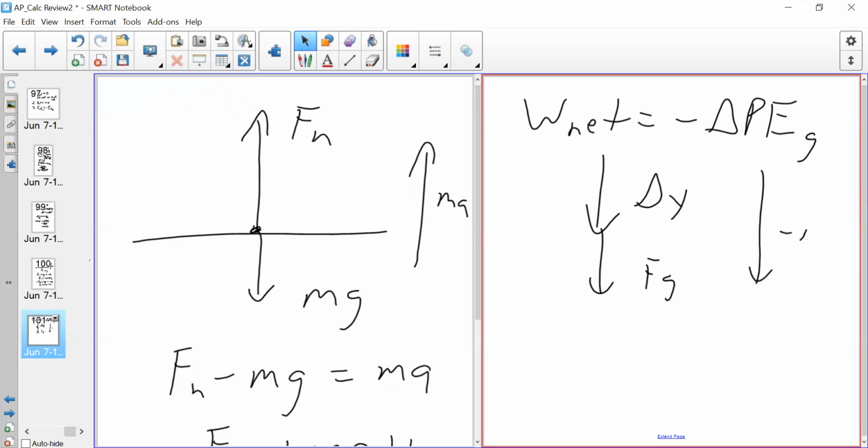So this is being lost and converted into kinetic energy, which goes back to the original idea. Work is change in kinetic energy, which is also equal to negative change in potential energy. And when you add those two together, the sum of the changes equals 0. We're just converting energies back and forth.